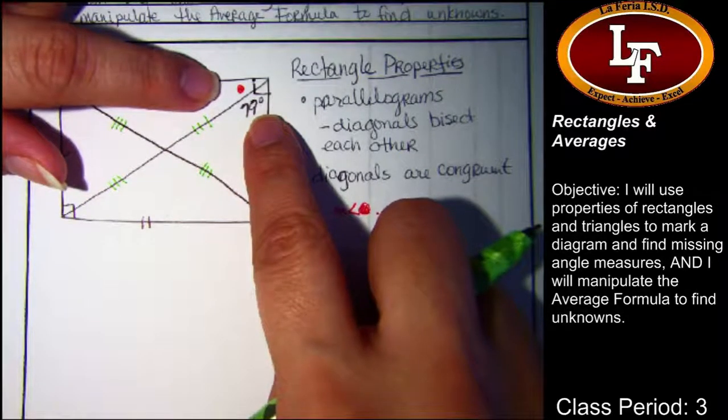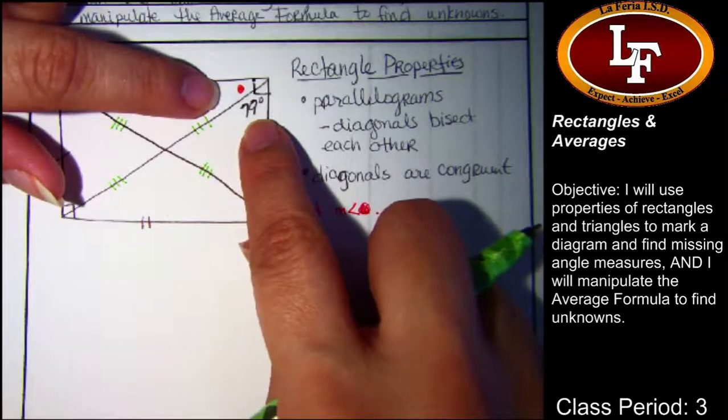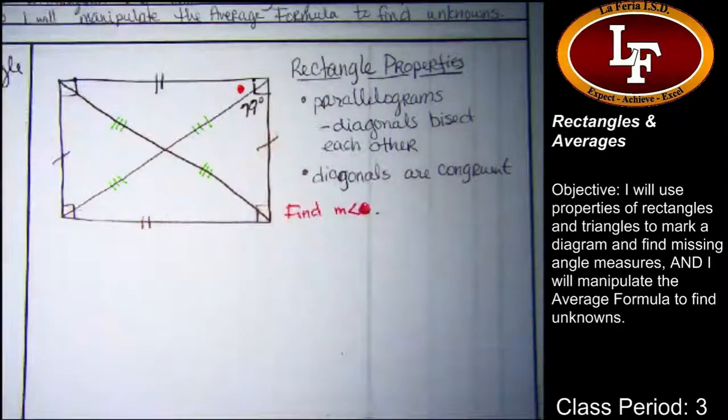Right now, we don't have any markings that say that. We don't have any properties of rectangles that say those two angles are congruent. That diagonal bisecting one of those corner angles is a feature of a rhombus. Not all rectangles are rhombuses. Some of them are, but not all of them. This one might be one of those that isn't.